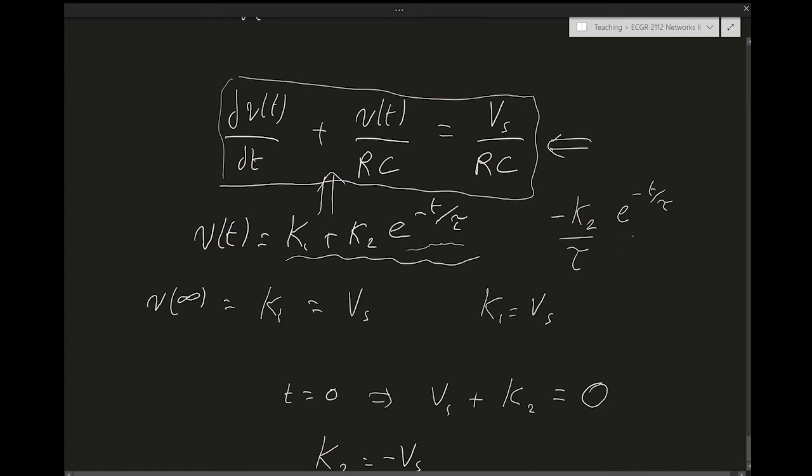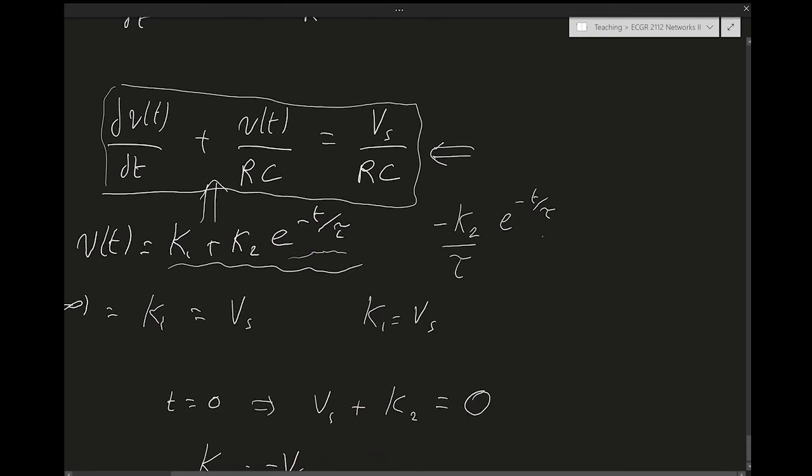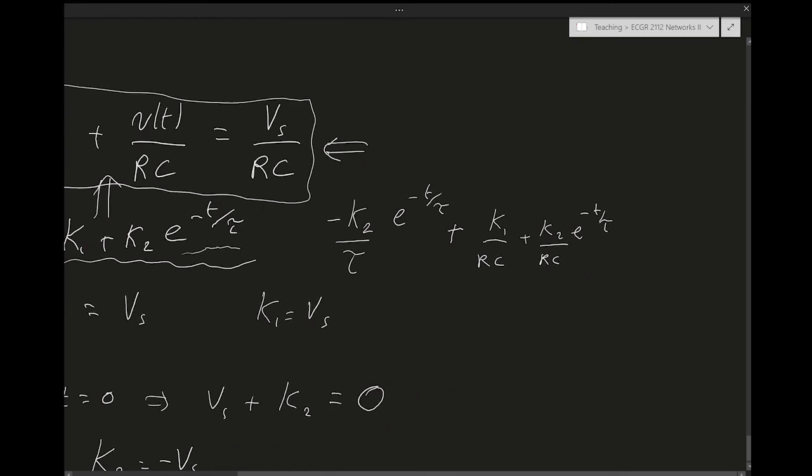I just differentiated the exponential. Let me extend this. Plus V, which is K1 over RC, plus K2 over RC e to the minus t over tau, equals Vs over RC.